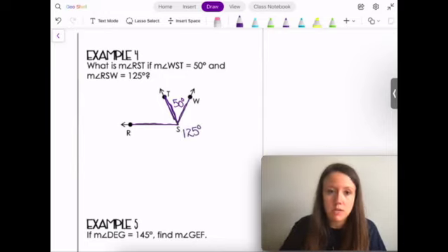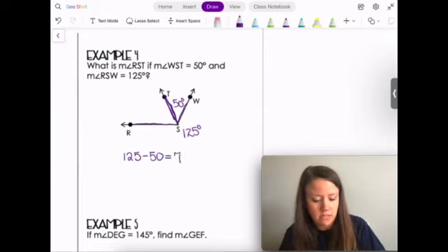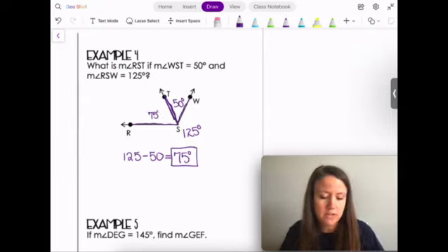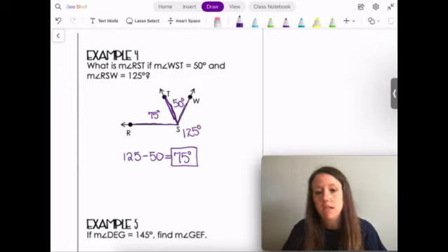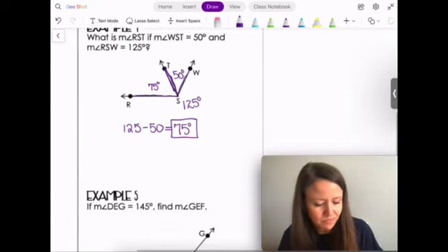Okay, well, let's see. If I know the big angle and I need to find the other little angle, I'm going to subtract to get 75 degrees. Check your work. Does 75 degrees plus 50 degrees give you 125 degrees? Hopefully the answer is yes.